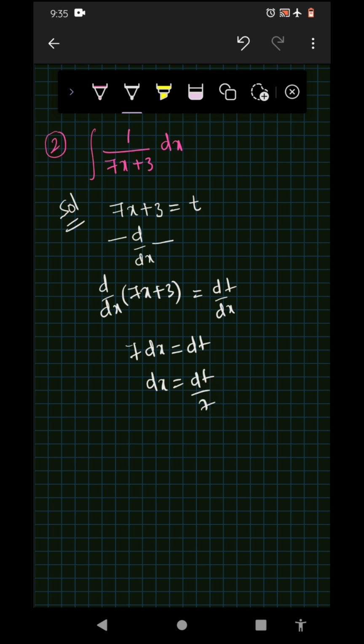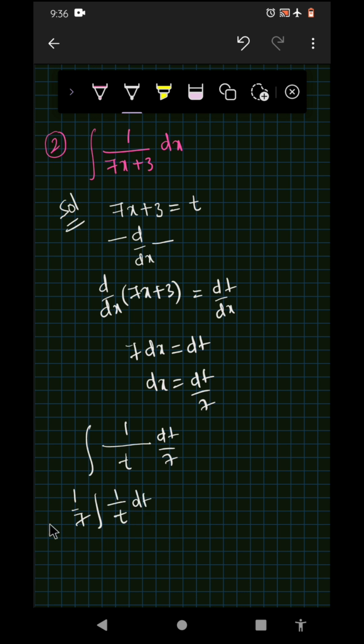So now taking the question, integration of 1 by 7x plus 3, where we take 7x plus 3 as t, therefore 1 by t, and dx we got as dt by 7. Take 7 outside, we get 1 by 7 integration of 1 by t dt.